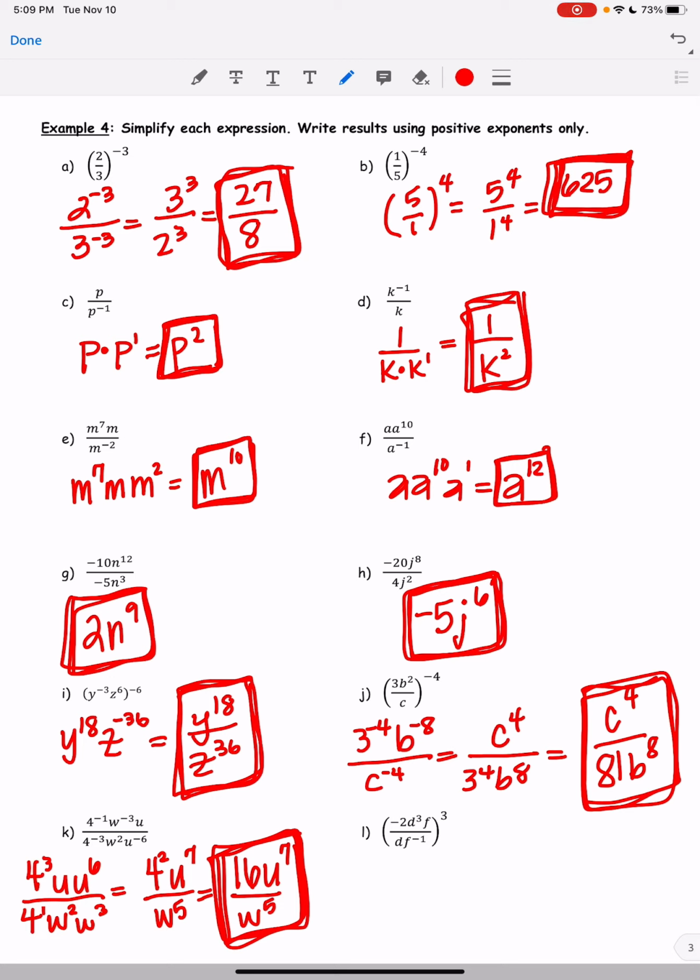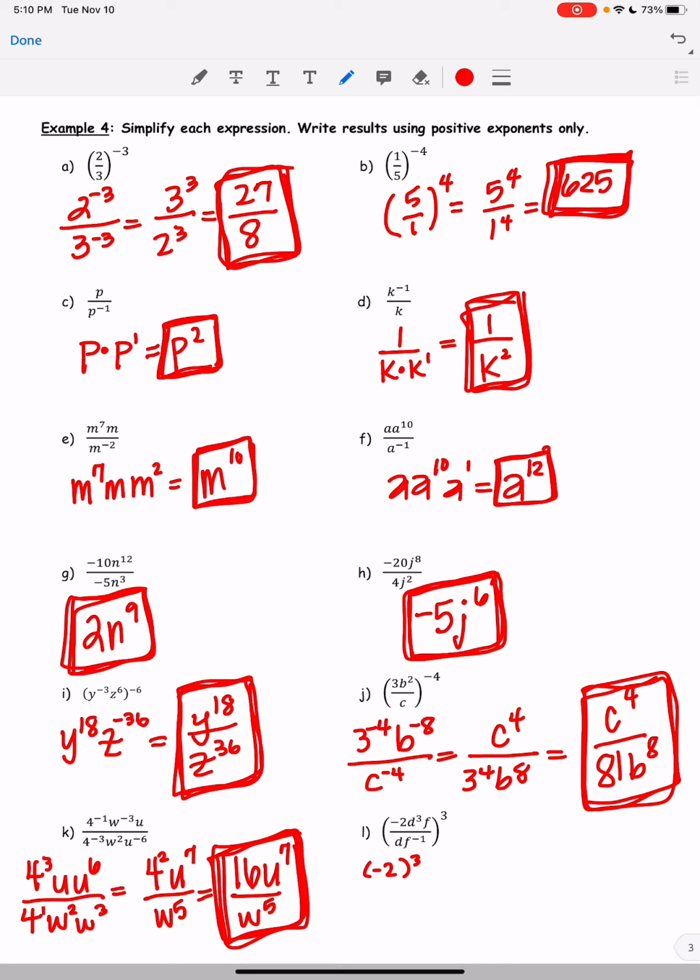And then lastly, we've got all of this to the 3rd power. So let's use power of a product and distribute that 3 to everything in here, including what? Hopefully you said including coefficients. So this is -2, and I'm going to put that in parentheses, cubed.